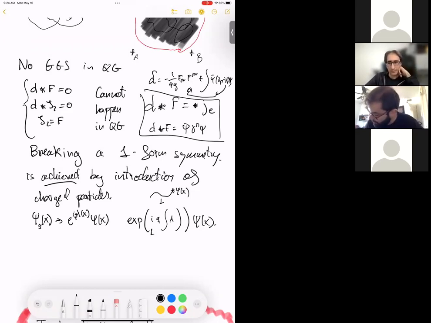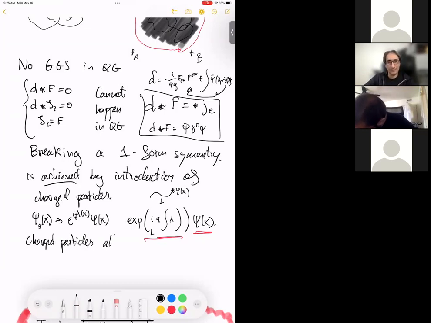But now, if you do a gauge transformation, the variation coming from this term cancels the variation coming from this term. And this whole operator is gauge invariant. So introducing charged particles allows Wilson lines to break.